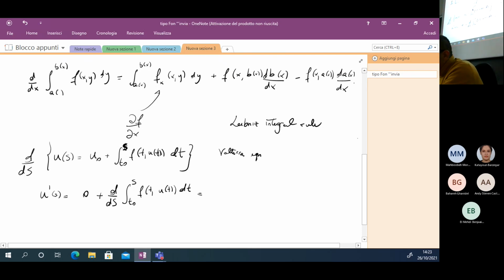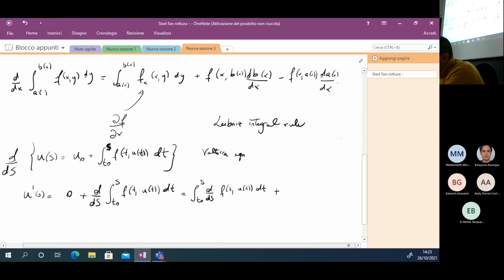So this thing is going to be the integral between t0 and S of the partial derivative with respect to S of f(t, u(t)) dt, plus this term here: f evaluated in the upper extreme.